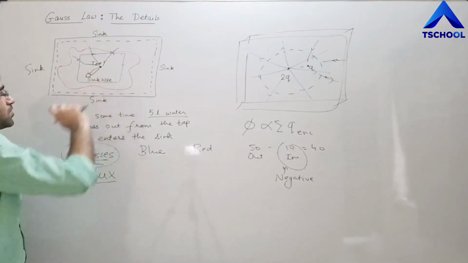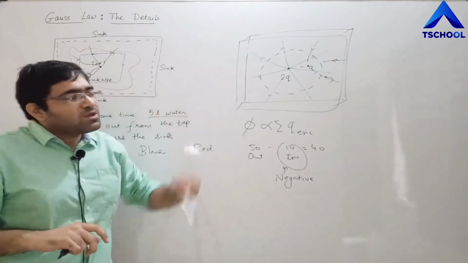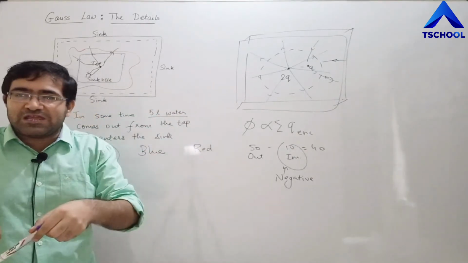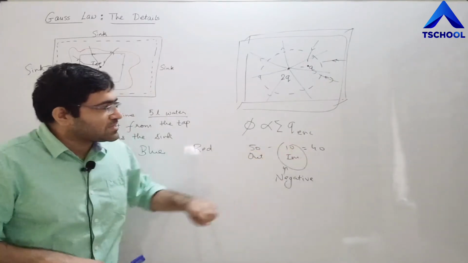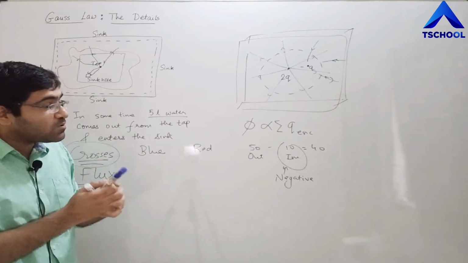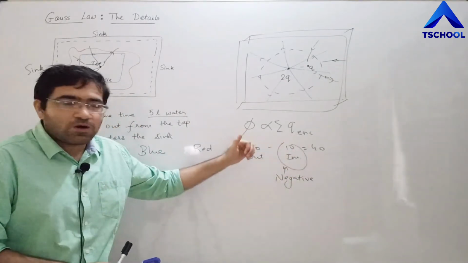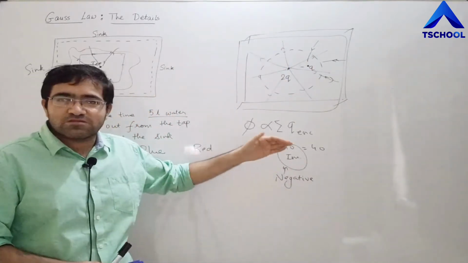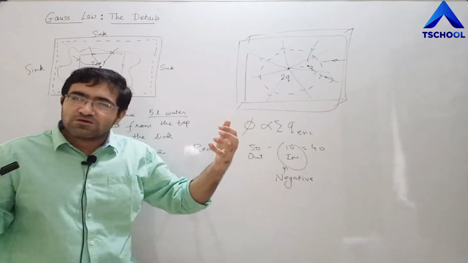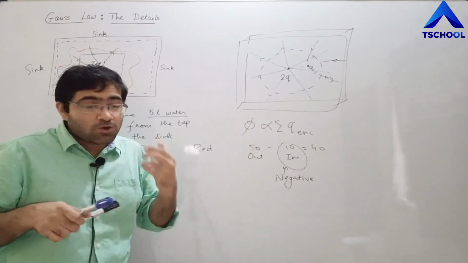If I've got a positive charge, it's going to throw out the electric field or the field lines. But if you've got a negative charge, it's going to take in the field lines, so the net is going to decrease. With only the positive charge, the flux would have been 50. But along with that positive charge, suppose we put a negative charge, and because of that there's some reduction, because the electric field lines for a negative charge come in. It's like a sink, okay?